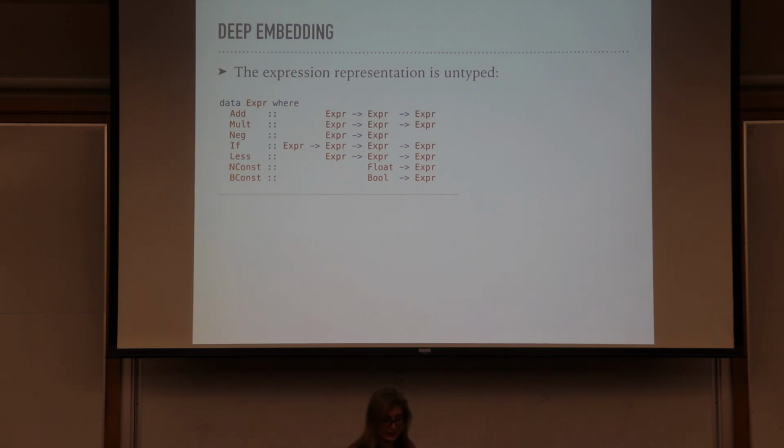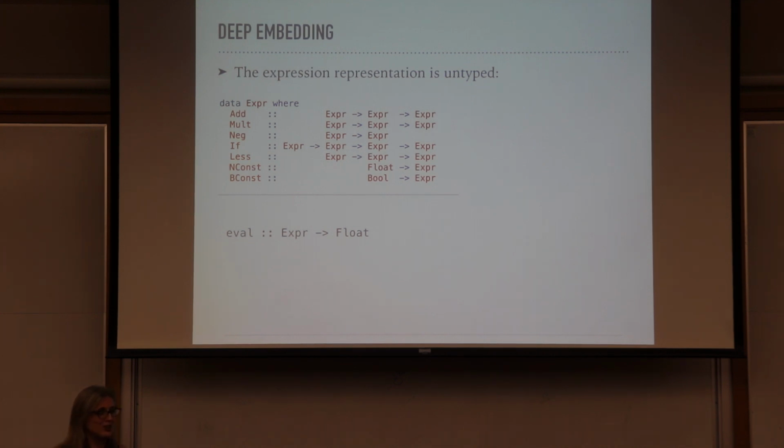So my evaluator, what's the type of my evaluator now? My old evaluator took an expression and returned a float. Sorry? Yeah, but then it's not really evaluated, it's simplified. So what? Do you need parameters?